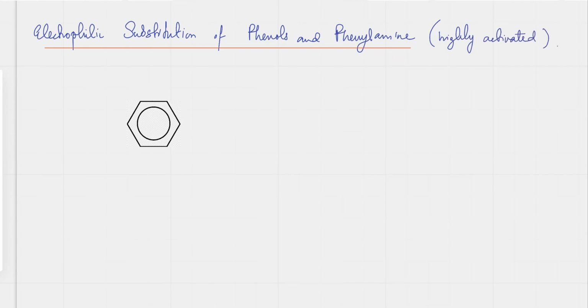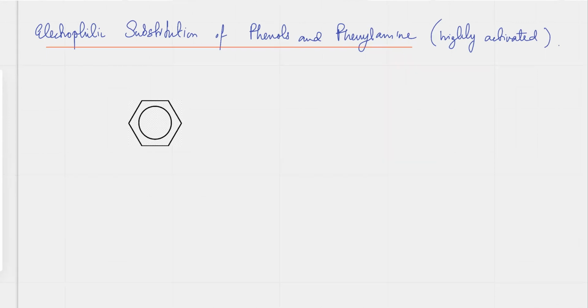So they're going to be highly activated. What that means is you've got an OH, and we did discuss that the lone pairs are going to mix and overlap, and the electron density is going to be really high.